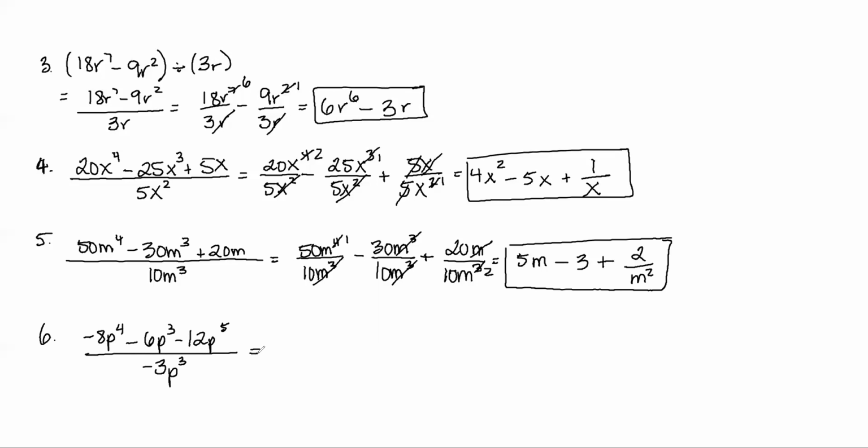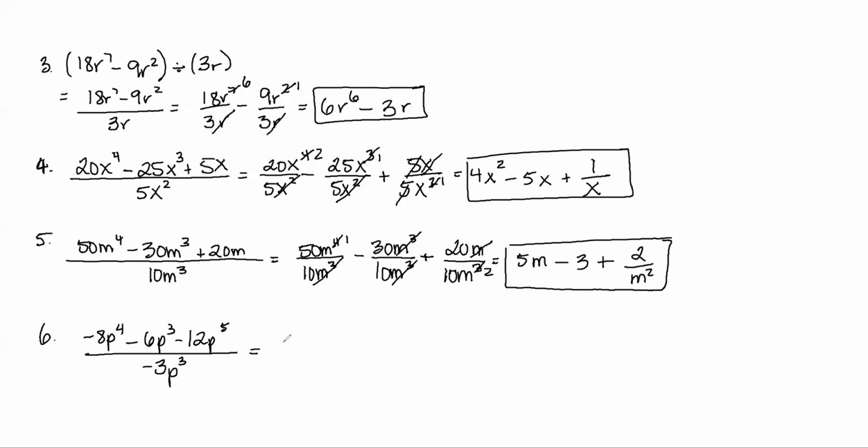Okay, so if I go ahead and split this up, we're just going to have to be careful with the signs. So what I'm going to do is what I've been doing in the past up here. Whatever sign is in between is going to stay in between. But we do have a negative 3p cubed on the bottom, so that's going to go on the bottom of every fraction.